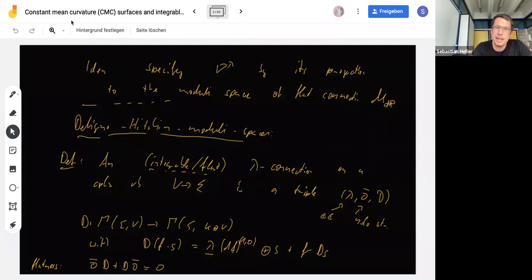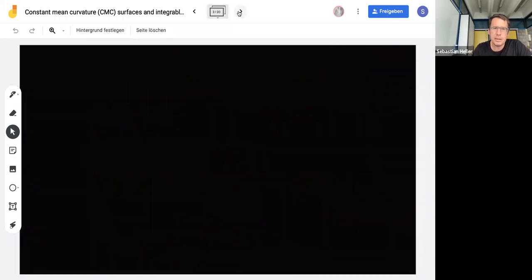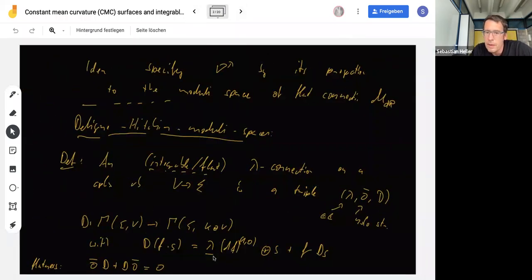But let me give you some examples to make clear what happens. So if lambda is 0, then what we get is that D is actually tensorial. So let me go back here. We see from this condition here that if lambda is 0, we just get a tensor field.